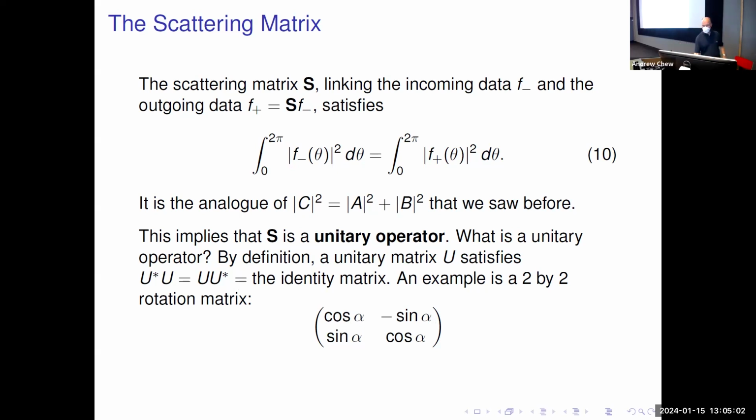If you take the transpose, you're really just swapping the sign of these 2 off-diagonal entries, and that's the rotation matrix for minus alpha. If we apply a rotation of alpha followed by a rotation of minus alpha, we get the identity. So that would verify this equation here.